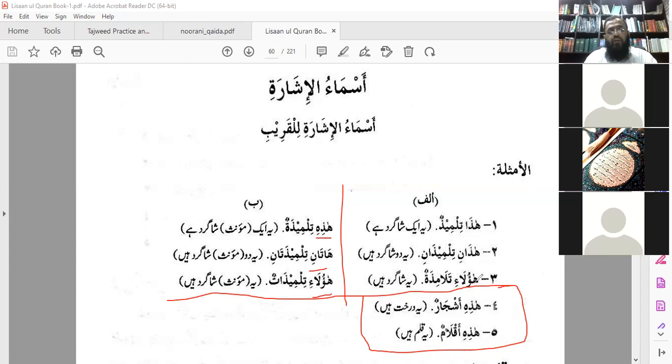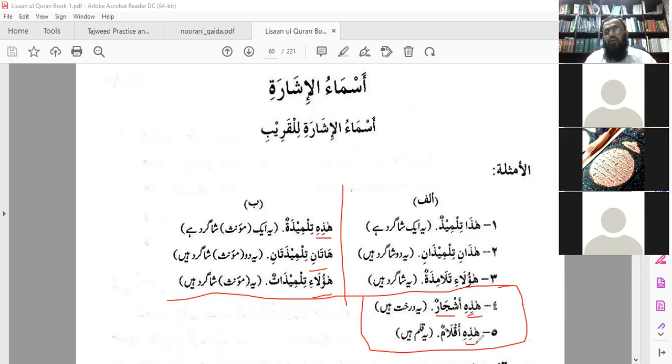Okay? Now when it comes to Asjarun, you know that Asjarun is غير ذوي العقول, or غير ذي عقل. So if it is plural of غير عقل, we will use هذه, that is wahid for muannas. Okay, this will be used for jama غير ذي عقل.